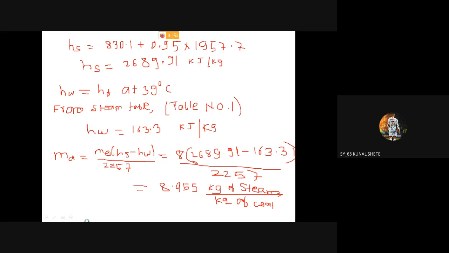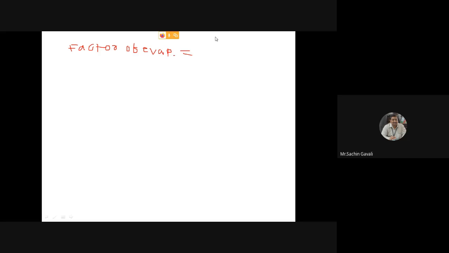Next is factor of evaporation. We'll tell the formula. Factor of evaporation, somebody help me. HS minus HW upon 2257.